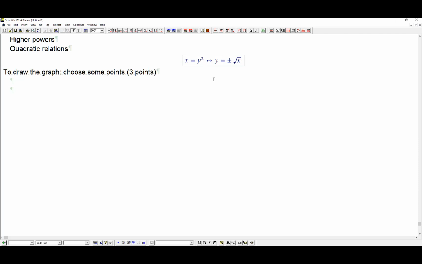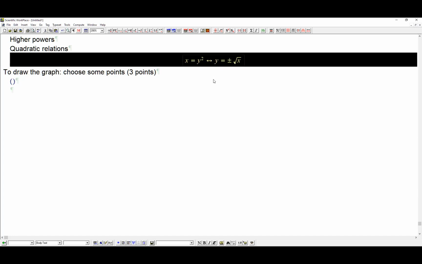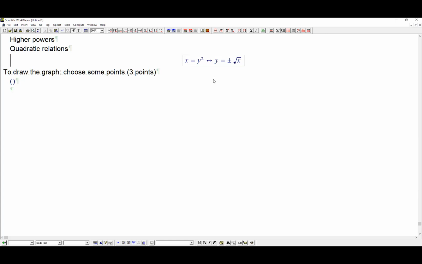Okay, so what points? Can I choose x equals -1? No, so I'm constrained. I have to at least pick something that's inside my relation. If I try -1, I see something squared equals -1. Yeah, I'm not in R anymore. I'm in the complex territory, so we're not going there.